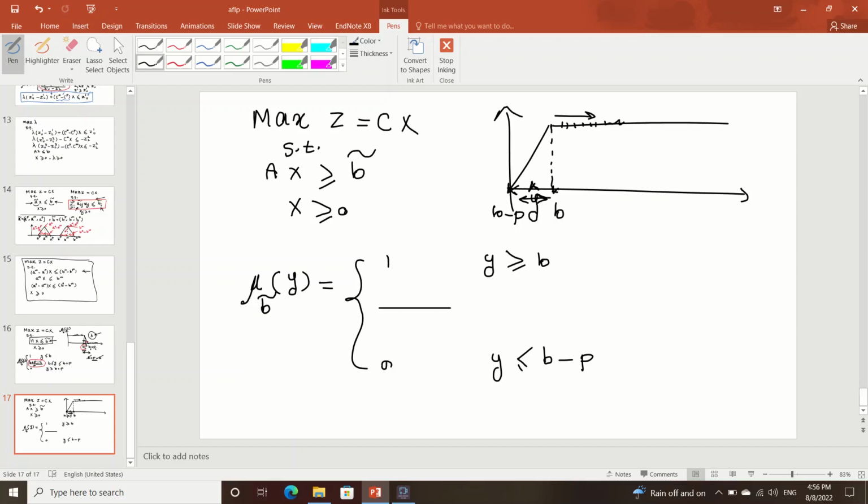For example, y minus b minus p divided by p, y between b minus p and b. And this is another formulation for the membership function in this state.